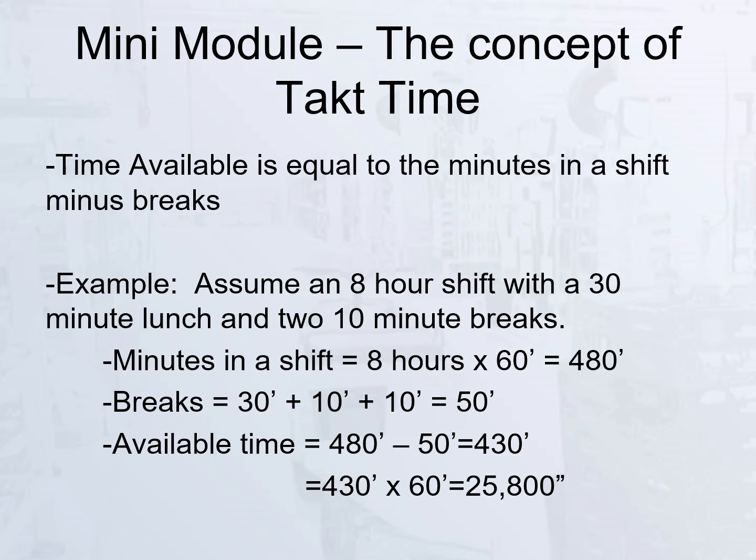Now our breaks are 30 minutes for lunch and two 10-minute breaks, so that adds up to 50 minutes. So our available time is equal to the 480 minutes in a shift minus the 50 minutes for breaks, which comes up with 430 minutes. If we now take the 430 minutes and multiply that times 60 seconds, we come up with 25,800 seconds in a shift.